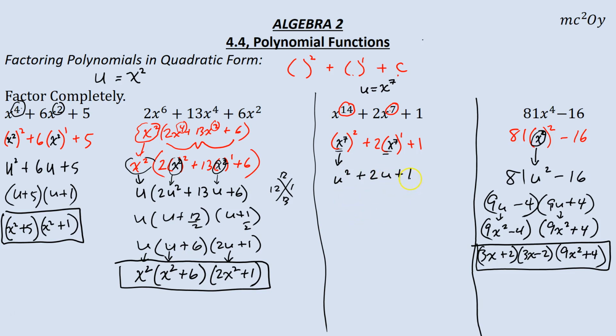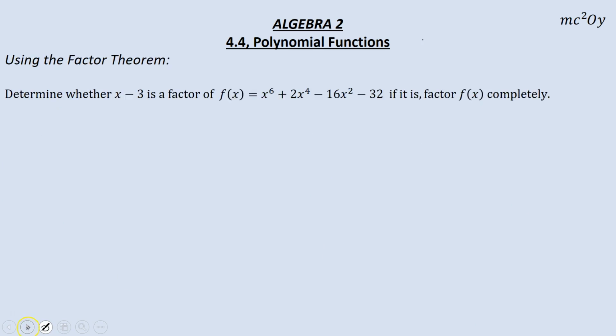Well, two things that multiply to make 1 and add 2, well, that's just u plus 1 and u plus 1. Or you could write it as u plus 1 squared. And now replace the u with x to the 7th. I have x to the 7th plus 1 squared. Very nice way to do that. All right. Hopefully that makes sense.